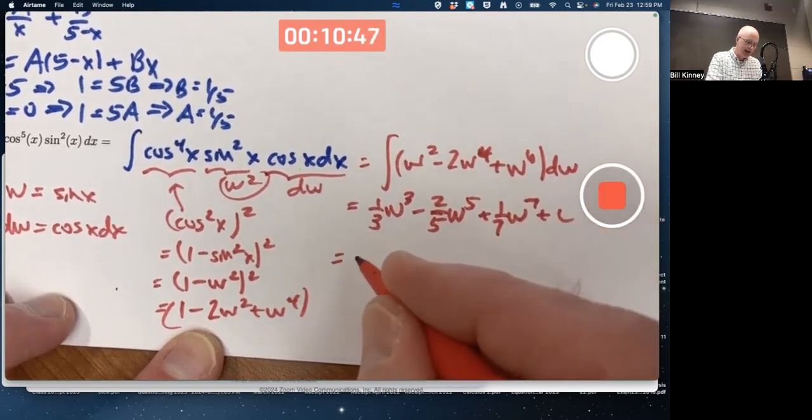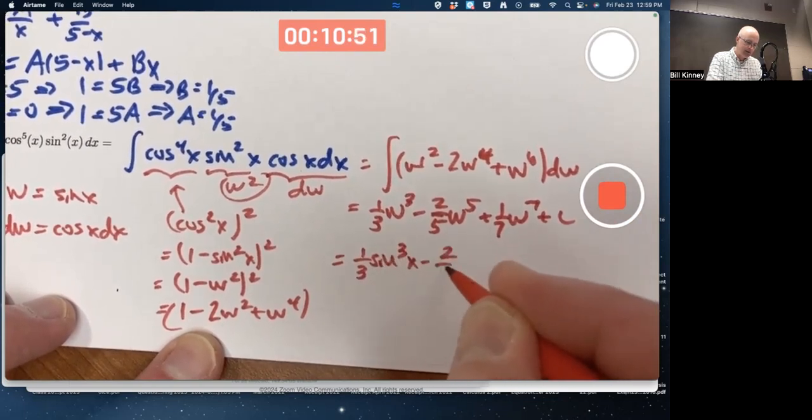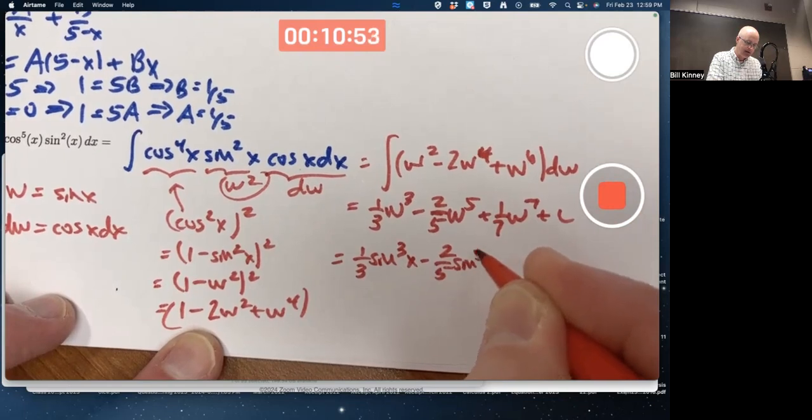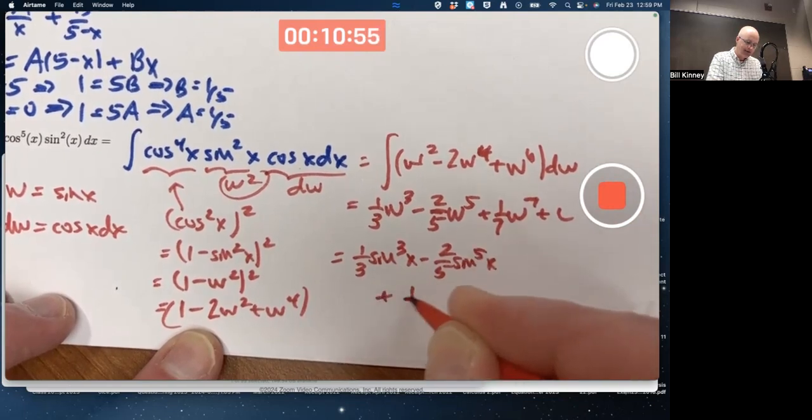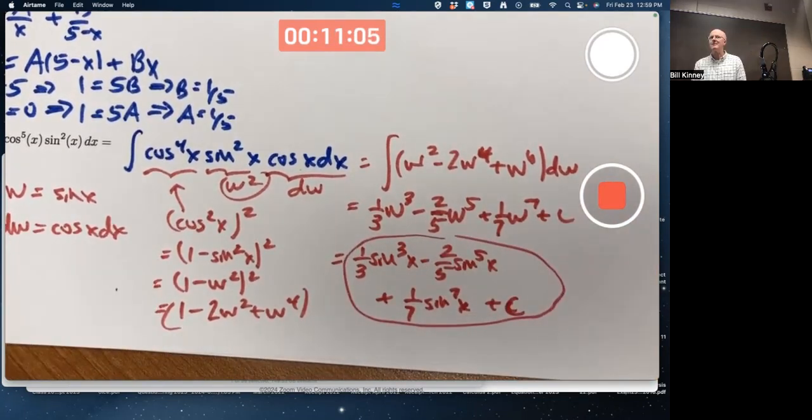And finally, w is sine x. 1/3 sine cubed x minus 2/5 sine to the fifth x plus 1/7 sine to the seventh x plus c. First gateway is very similar problems to this, though it's got 6 problems instead of 5.